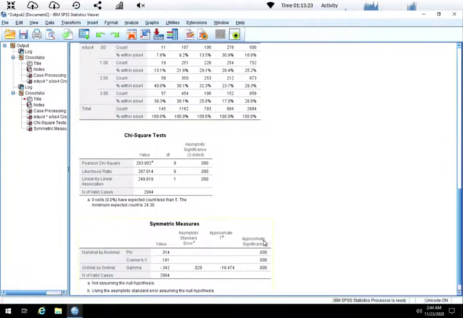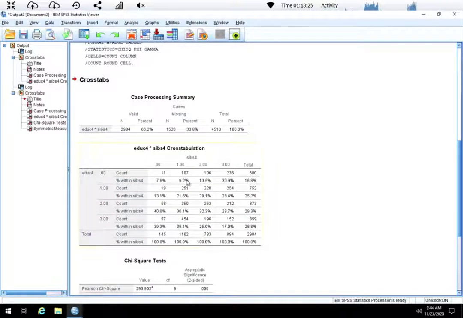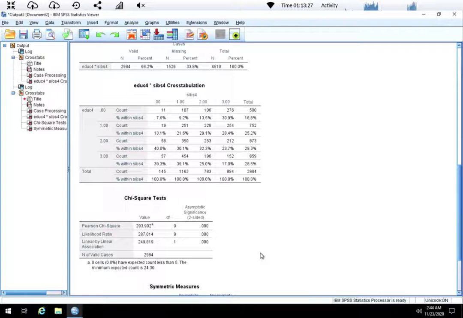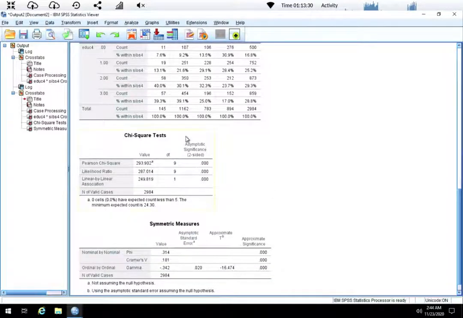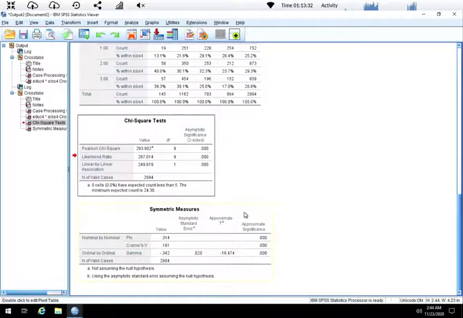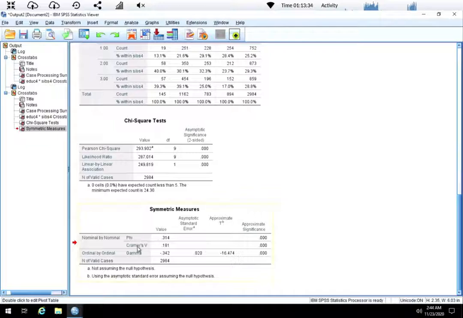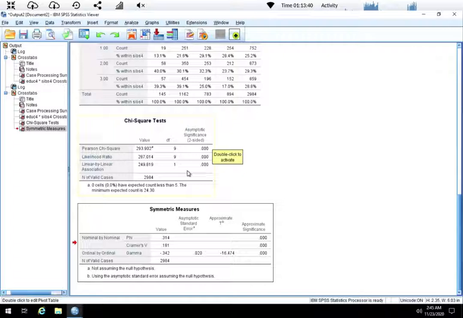Click the arrow, and then you get your crosstab just like you did before, and you also get a chi-square test, and then you get symmetric measures down here. You have your Kramer's V and your gamma. So by itself, the chi-square statistic does not really tell us anything useful, because the chi-square statistic is 293.902, but the associated p-value under the asymptotic significance two-sided column, this tells us something important.